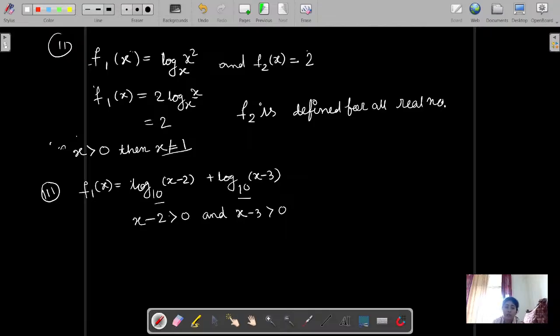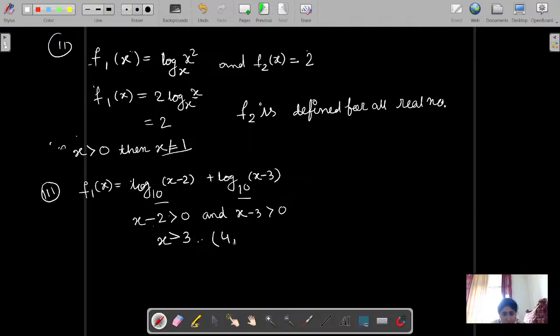So now let us think, if I take x greater than 3. What are the numbers greater than 3?